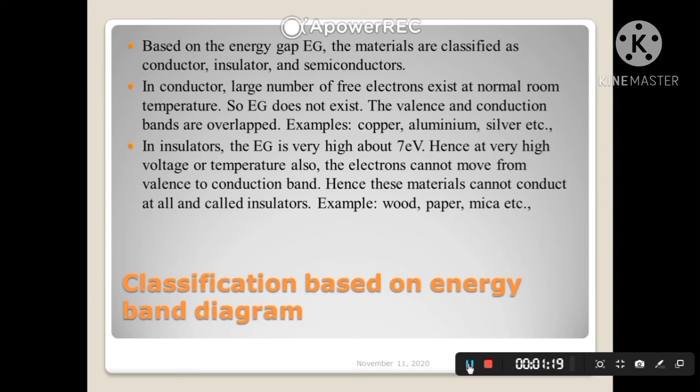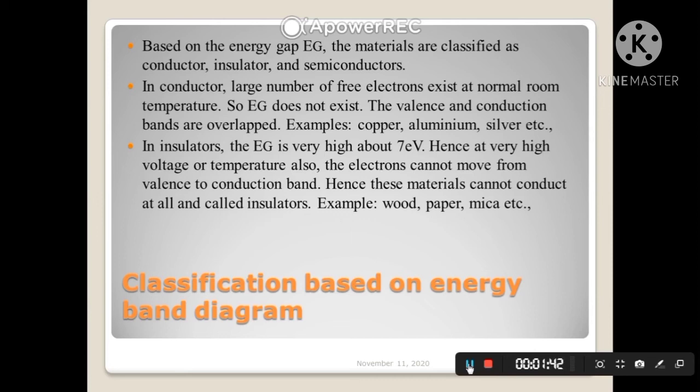The valence band and conduction band will be overlapped. For example, copper, aluminium and silver are conductors which conduct electricity.